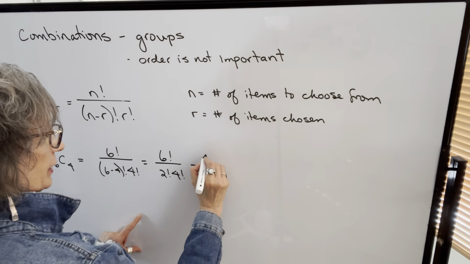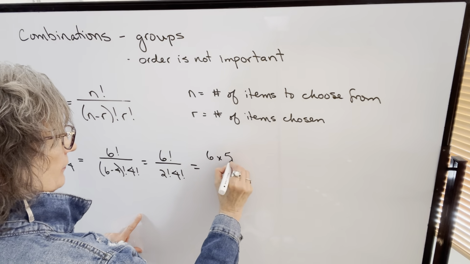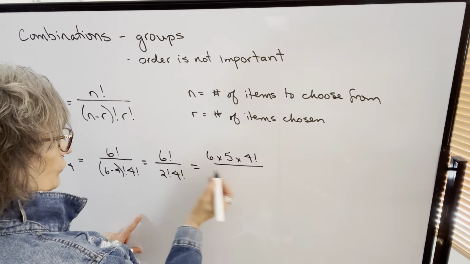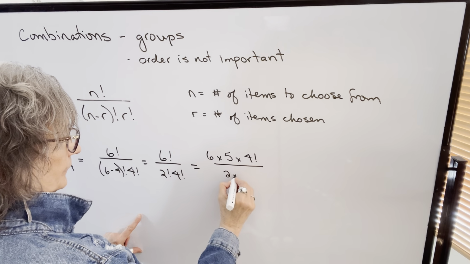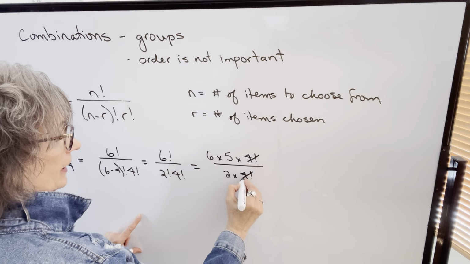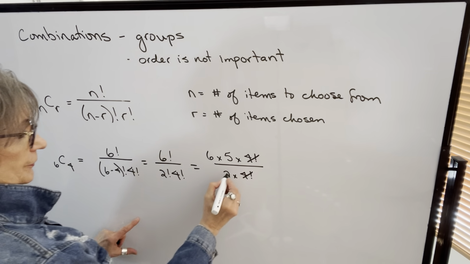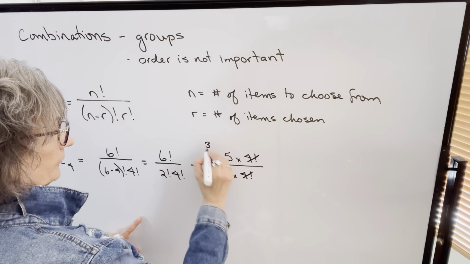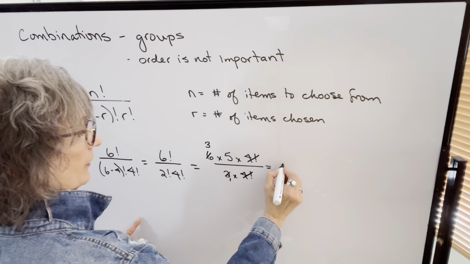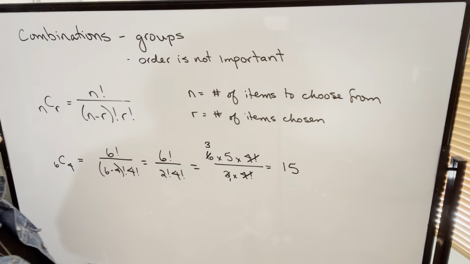So 6 factorial will be 6 times 5 times 4 factorial. 2 factorial is just a 2, and I'm going to leave that as 4 factorial because I can cancel that. I could also cancel a 2. So the number of groups or combinations will be 3 times 5, which is 15.